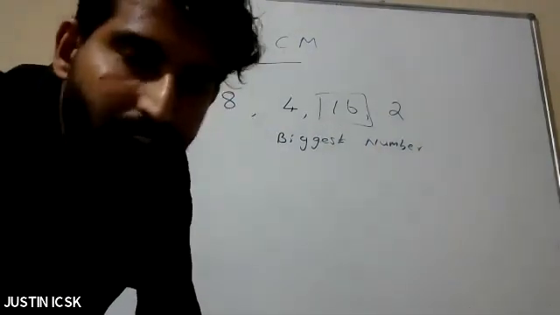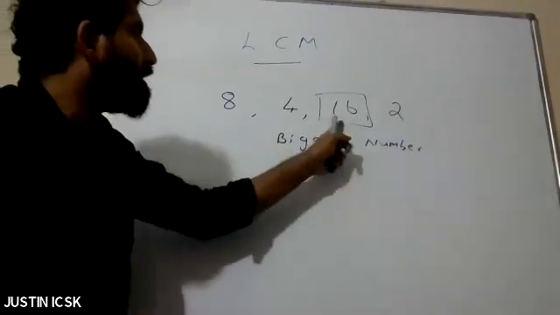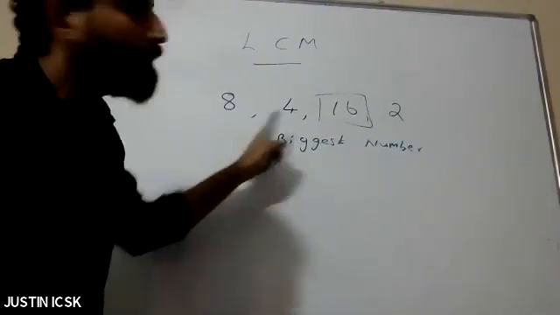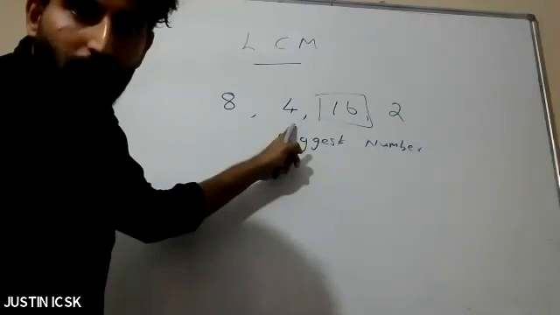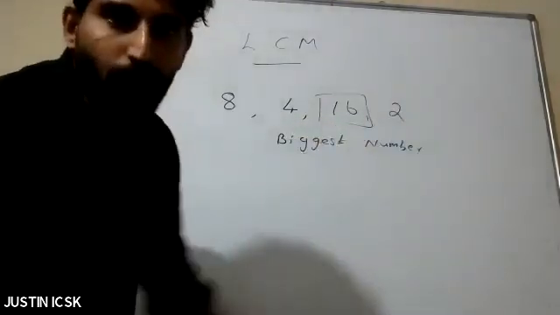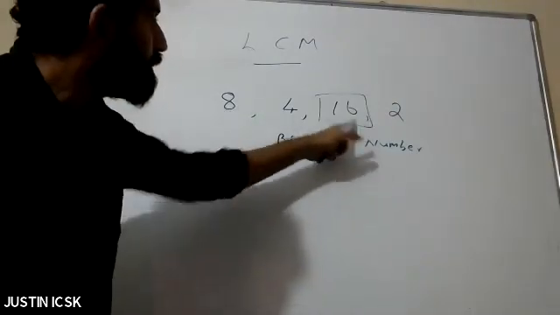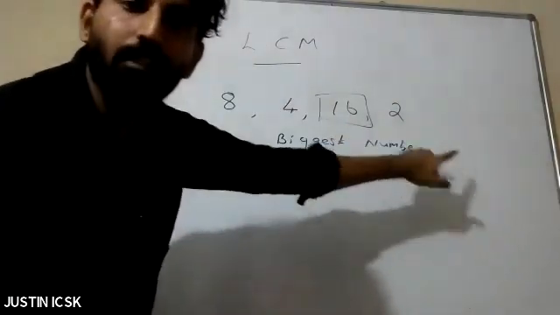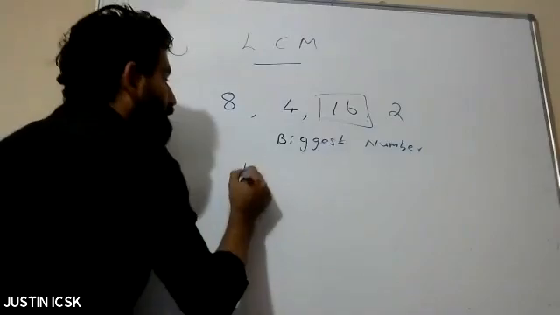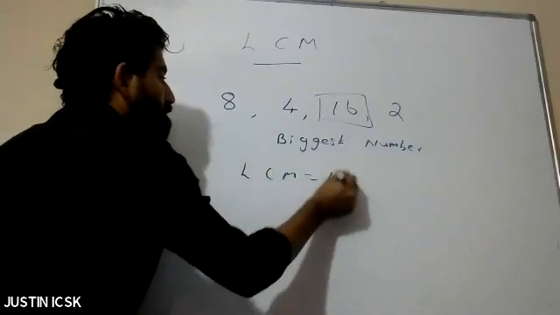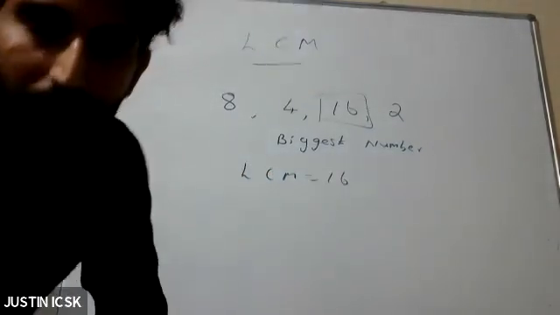Then simply check: 16 by 8 possible, 16 by 4 possible, 16 by 2 possible. Everything is possible, right? Therefore, LCM is 16.